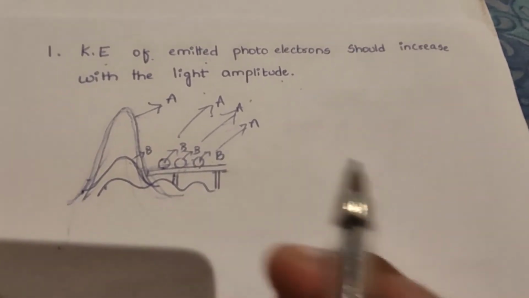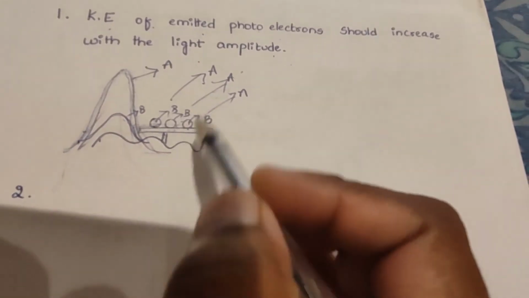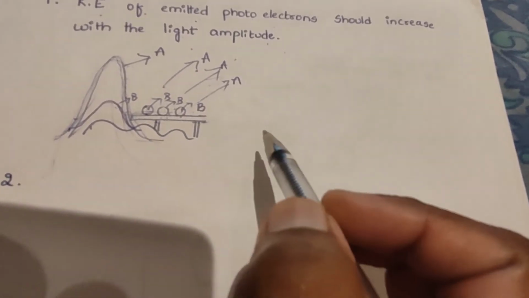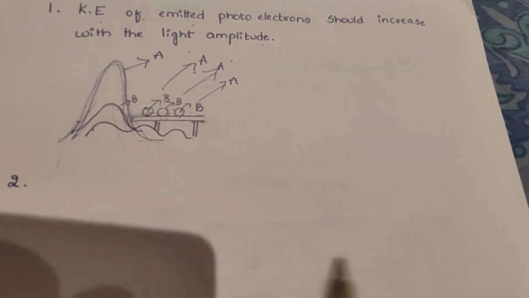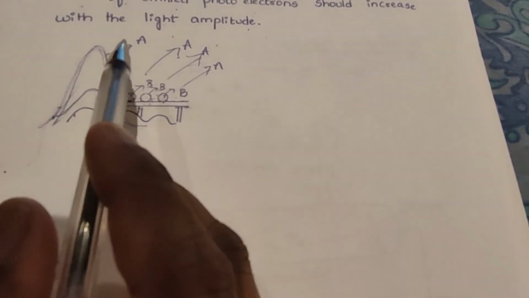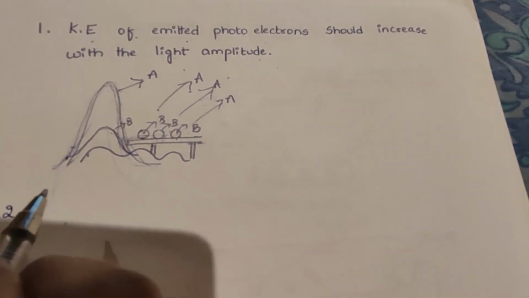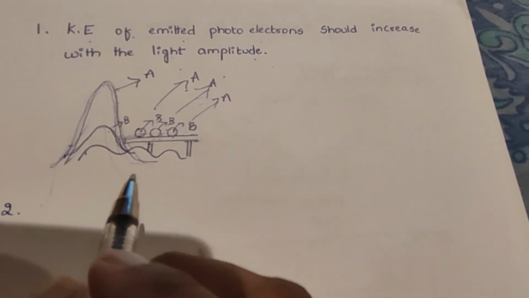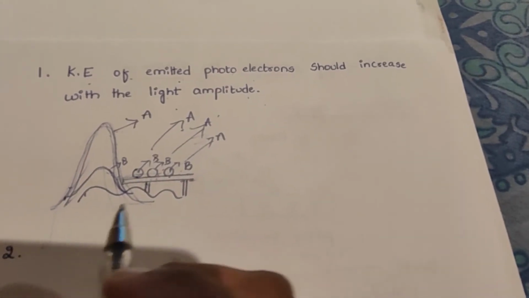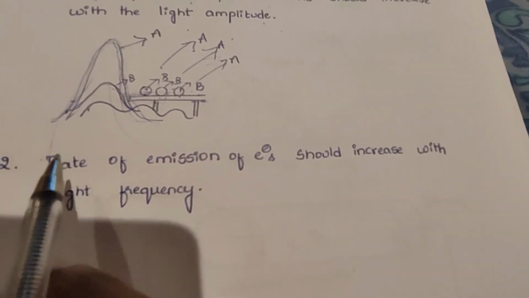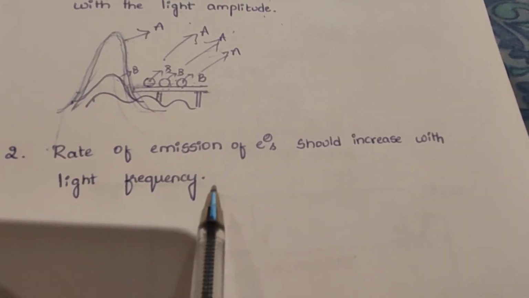And the second prediction is that the rate of electron emission, proportional to the measured electric current, should also increase as the light frequency is increased. Simply, the rate of emission of electrons should increase with light frequency.